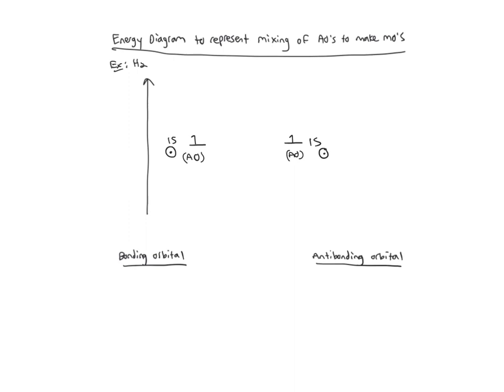How does this relate to energy? When we're combining them in phase, what's happening when we're making a bonding molecular orbital is it's actually lower in energy. How we would show this, this axis is energy, is we would show that bonding orbital at a lower energy than either of the two atomic orbitals themselves.